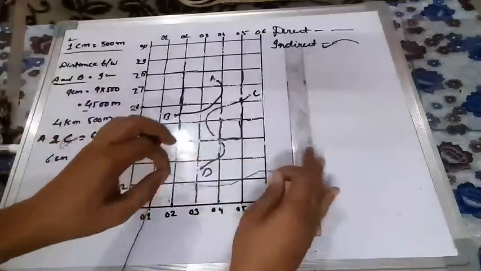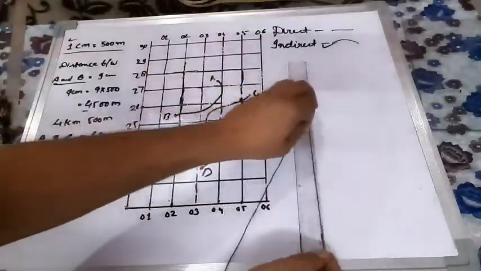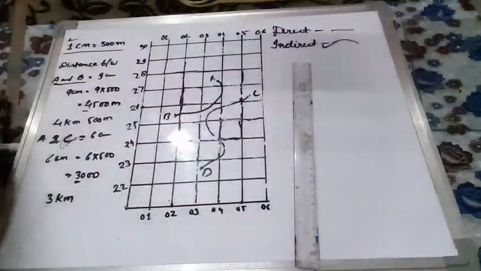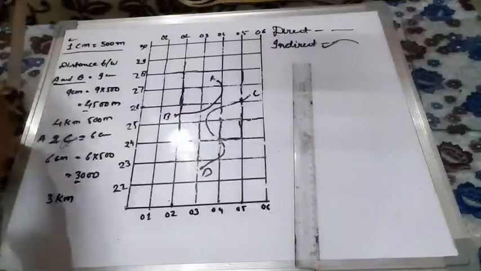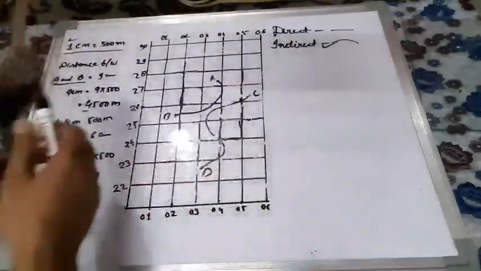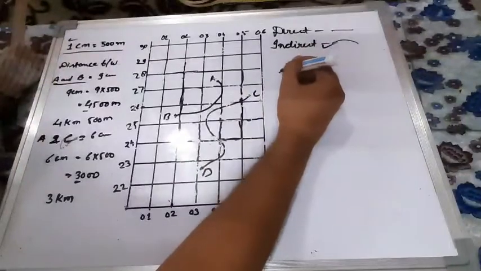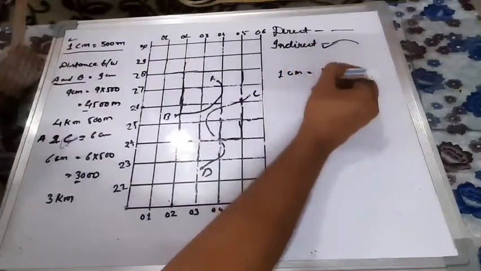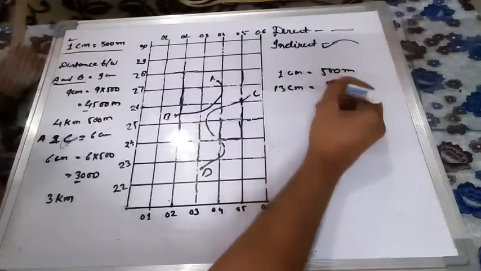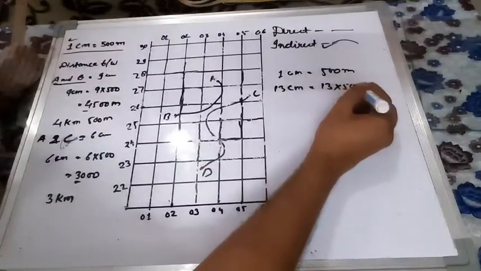Now we will measure it by putting it on the scale. Now suppose that we got 13 centimeters, है ना. We have to convert 13 centimeters into meters. So we know 1 centimeter is equal to 500 meters, then 13 centimeter is equal to 13 into 500.